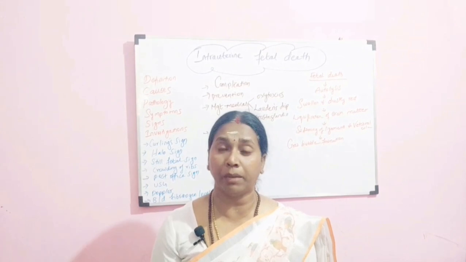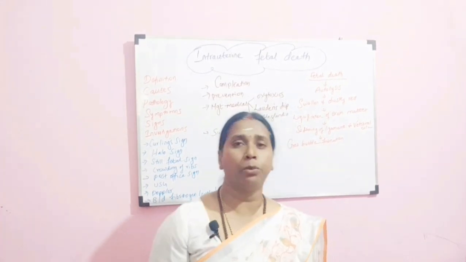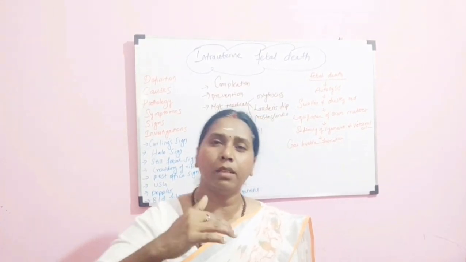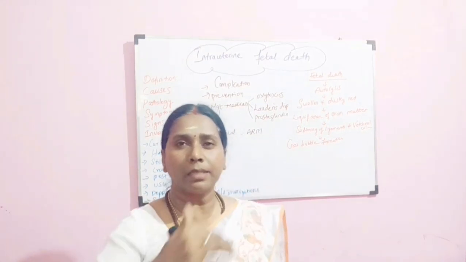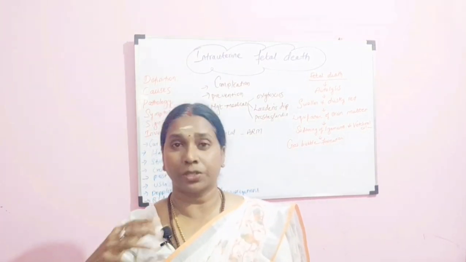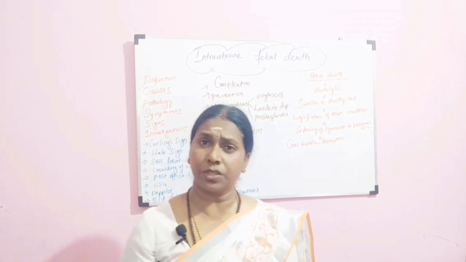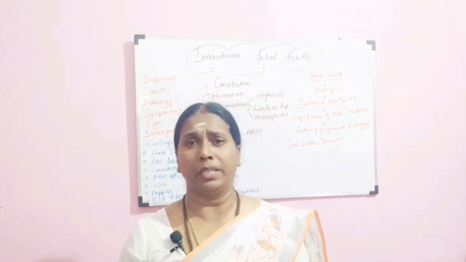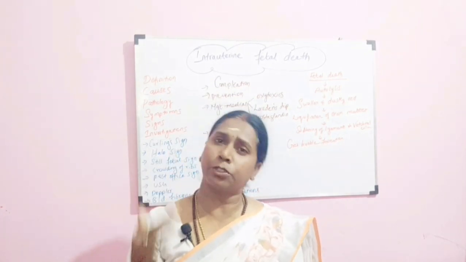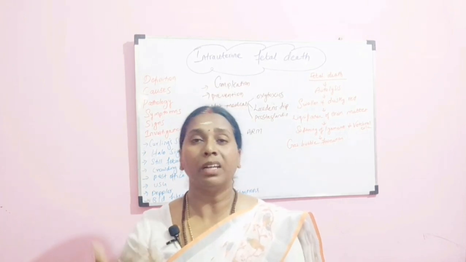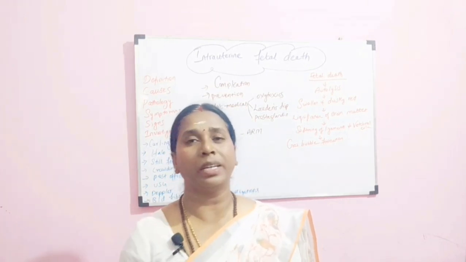So, what will we be able to identify when you do uterine palpation? You can see the uterus height is less than the gestational week. If the gestational week is 32 weeks, the height of the uterus has to be 32, but now it will be less, around 26, 28.